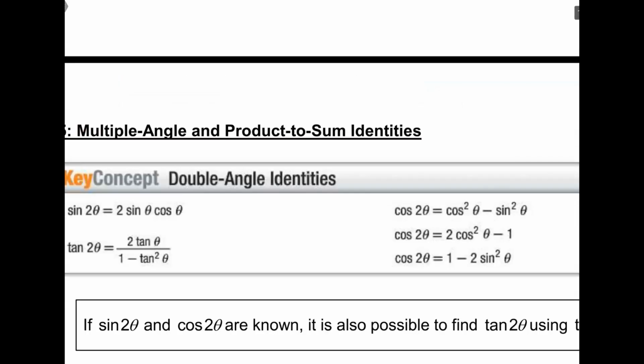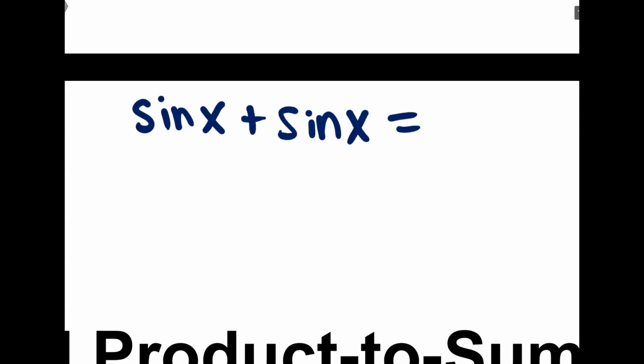So a couple of things to note. Just some basic algebra. If I have sine of x and I'm adding sine of x, what is this equivalent to? 2 sine x. I'm really not trying to trick you, I'm just trying to make sure we're all on the same page.